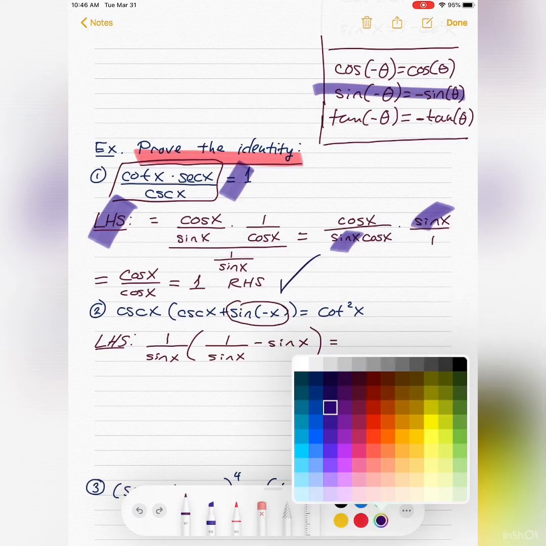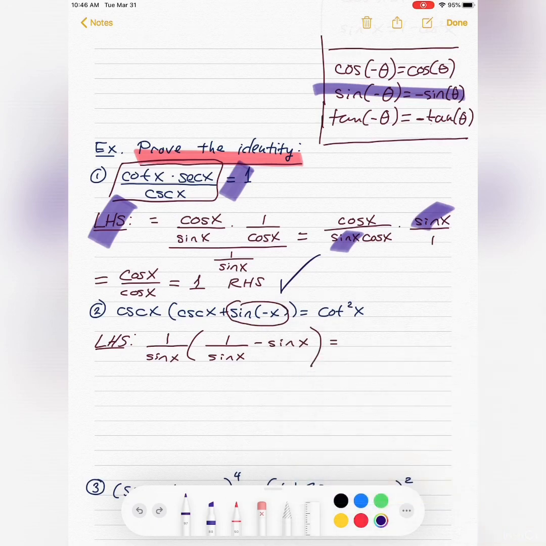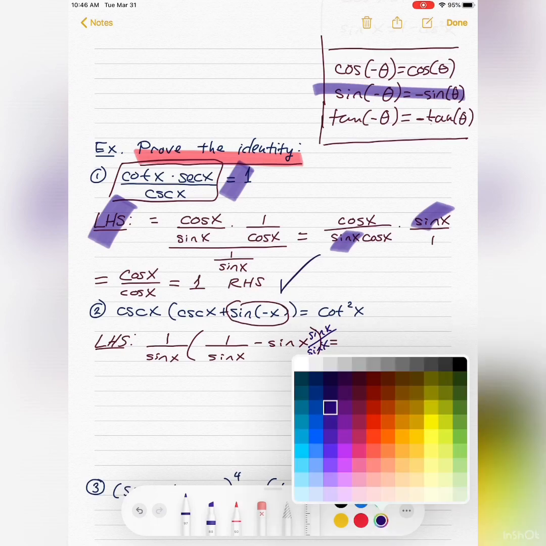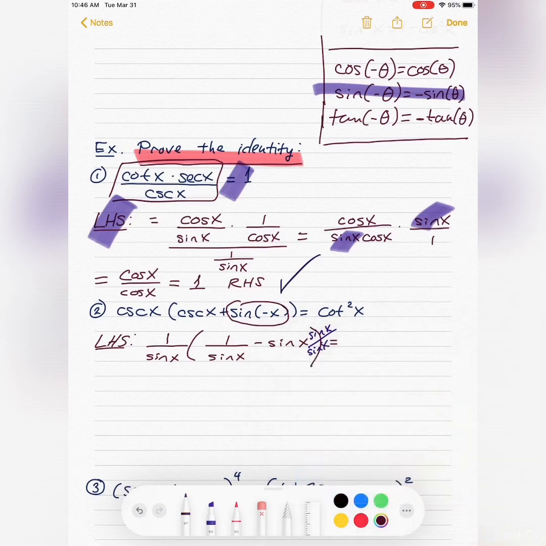Then I have to multiply this guy by sine x over sine x. And so where does that take me? So then I have my 1 over sine x in front. I have my 1 over sine x here. And then I'm going to have sine squared x over sine x.